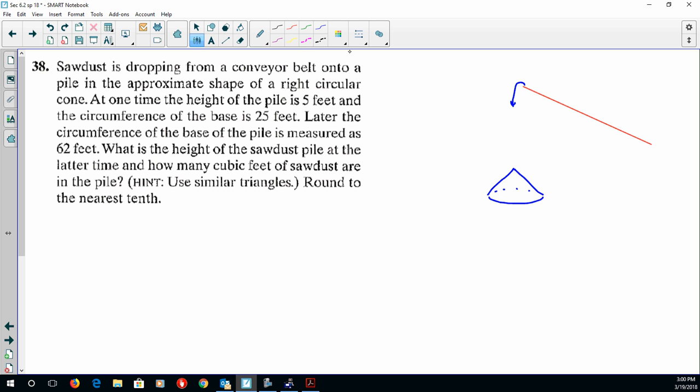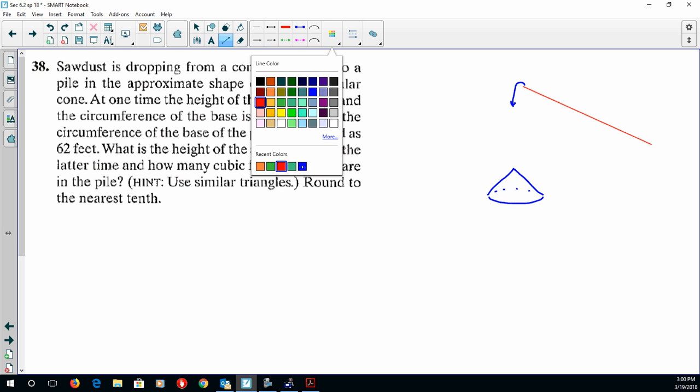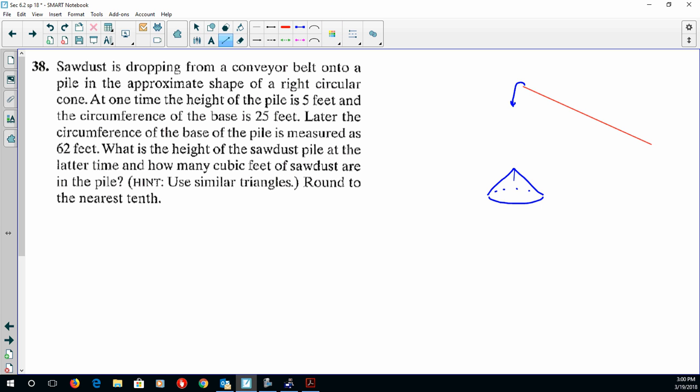So at one time, that's going to be right now, the height of the cone is 5 feet, and the circumference is 25.